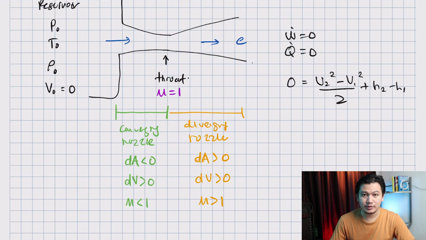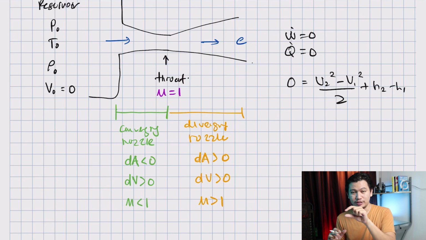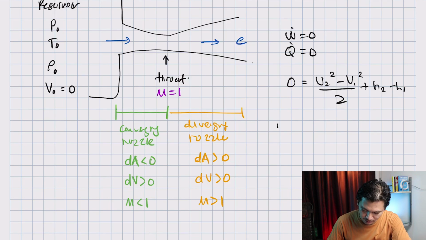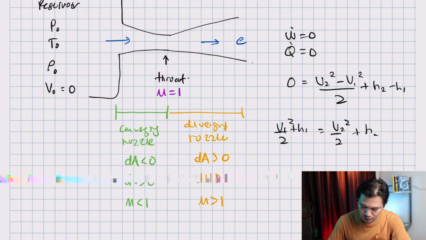Okay, and I'm just going to assume there is no potential energy change because our nozzle sits horizontally, so there's no difference in Z direction. And if I rearrange this, I'm going to get V1 squared over 2 plus H1 equal to V2 squared over 2 plus H2.